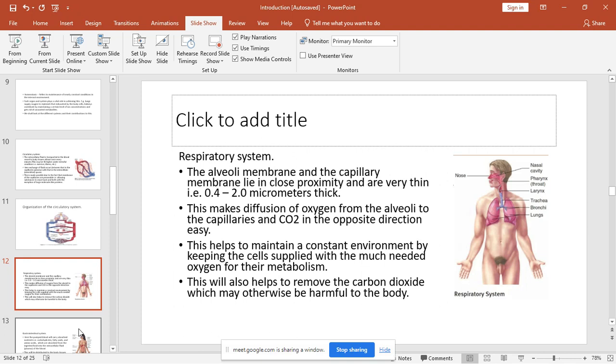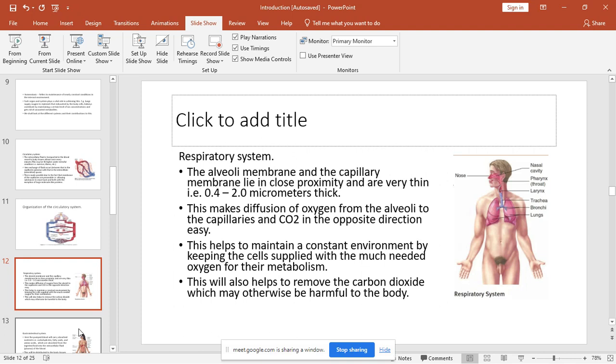But at the same time, we already mentioned it, the lungs are very important. At any particular time, as the blood is returning from the tissues, there'll be a higher concentration of carbon dioxide. So this carbon dioxide is going to diffuse from the blood into the lungs and eventually into the surrounding atmosphere. Also helping us to keep a constant environment.